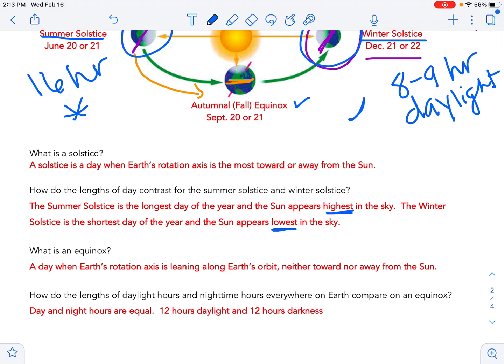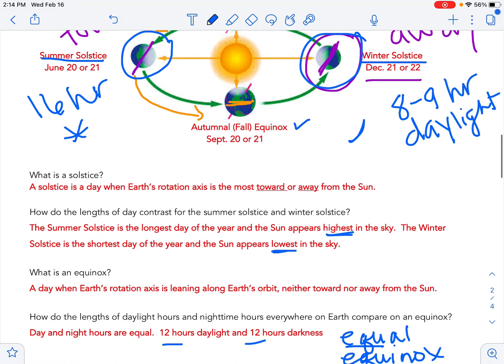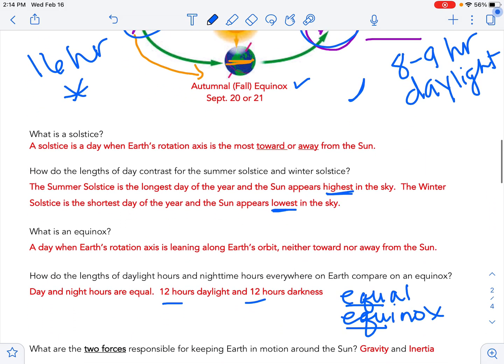We see the word equal in equinox, right? Got that same little prefix here. That's how we're going to remember that we have 12 hours of both. Day and night are equal. We're actually approaching that here on our March 20th, 21st. This year it will be on the 21st. Okay, so that is the equinox.